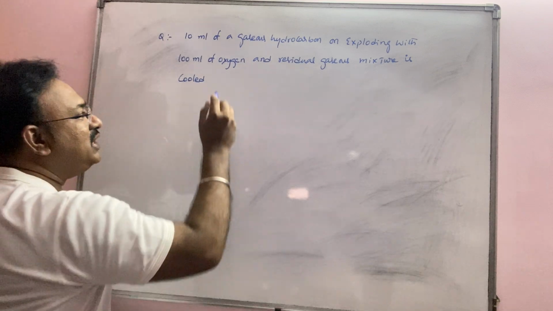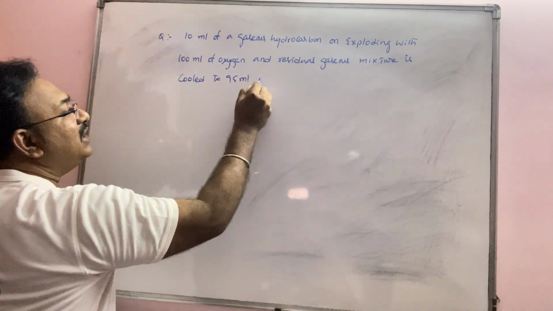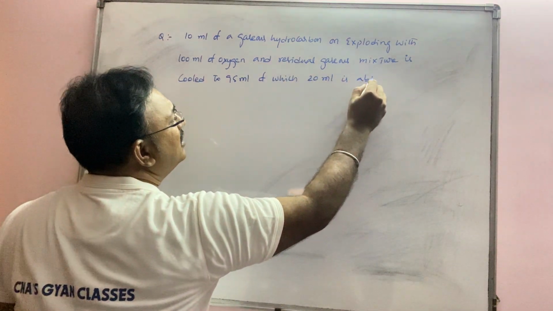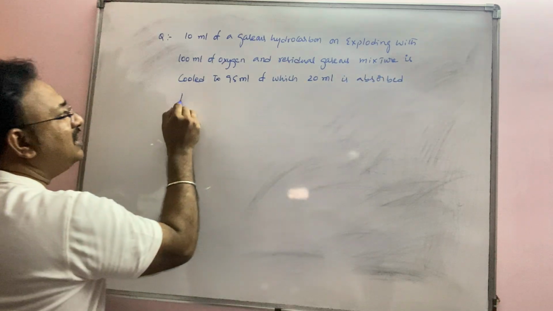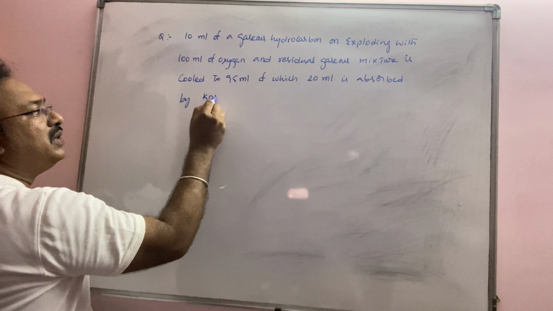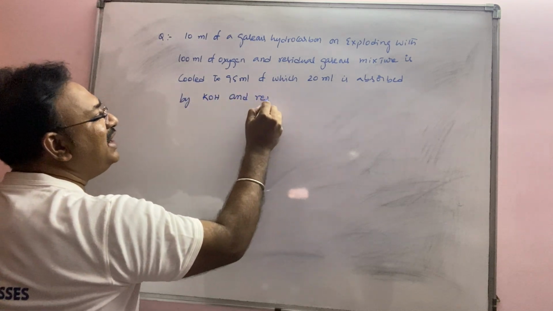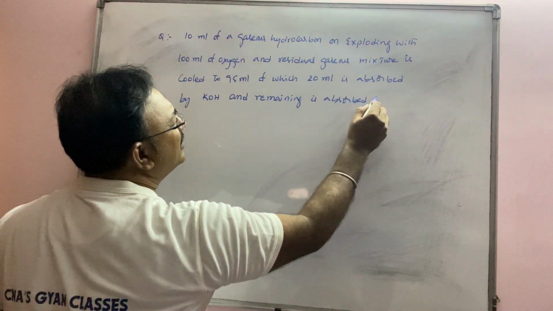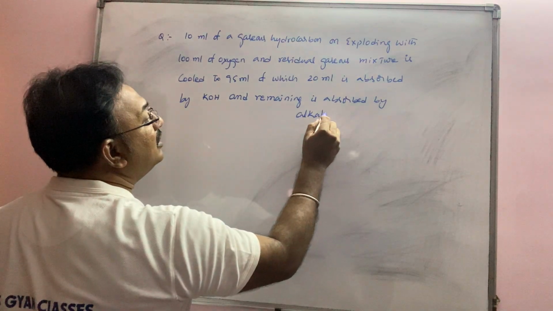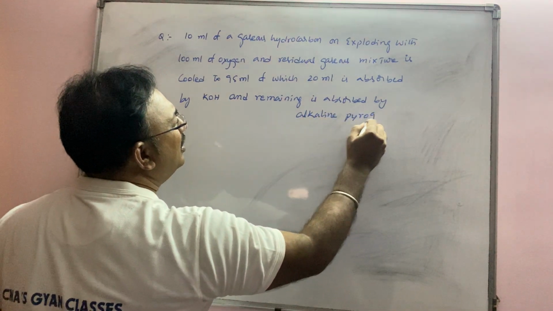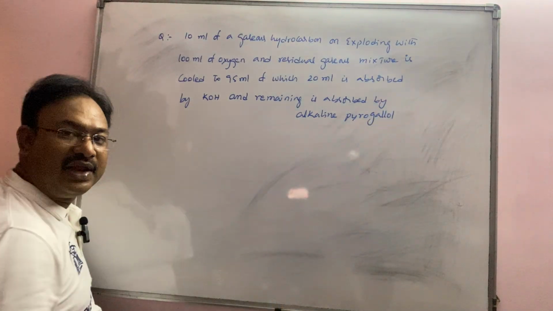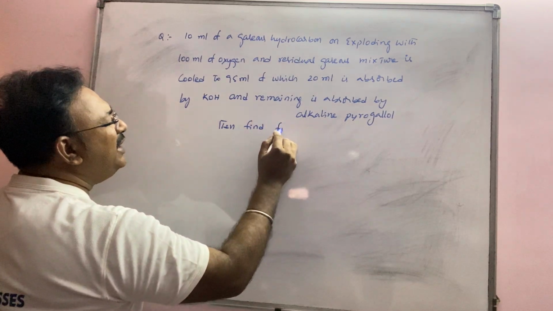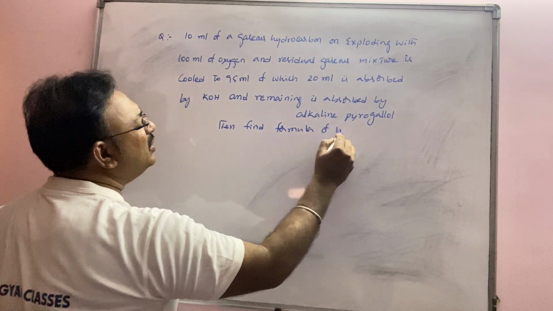The residual gaseous mixture is cooled to 95 ml, of which 20 ml is absorbed by KOH and the remaining is absorbed by alkaline pyrogallol. Then find the formula of the hydrocarbon.